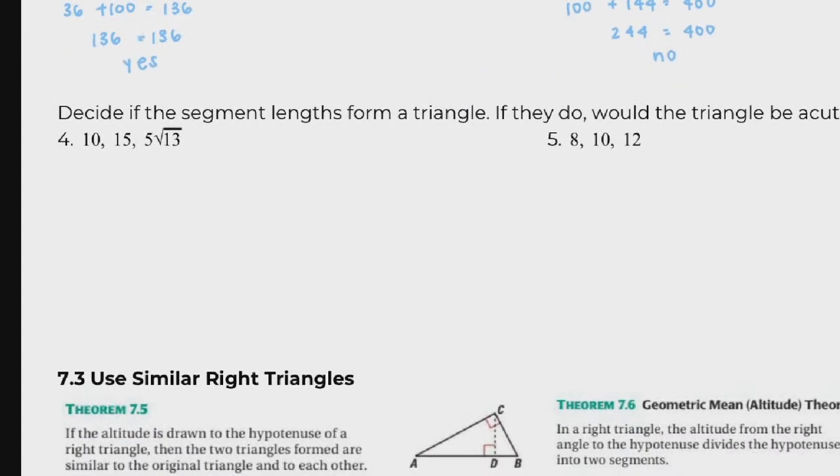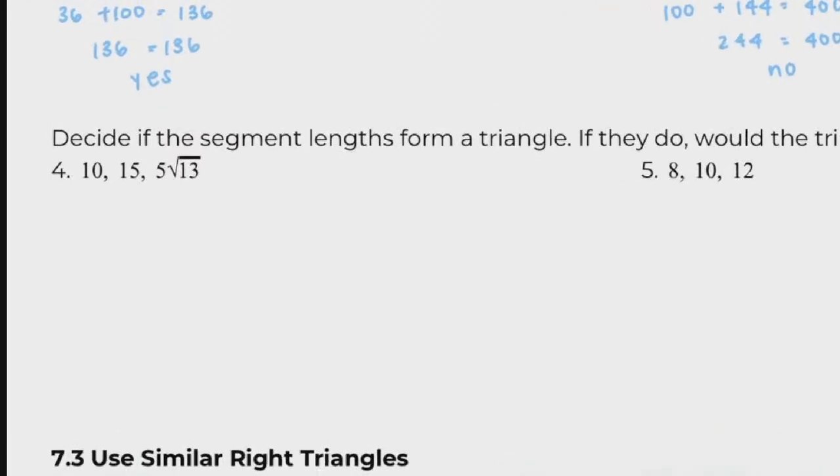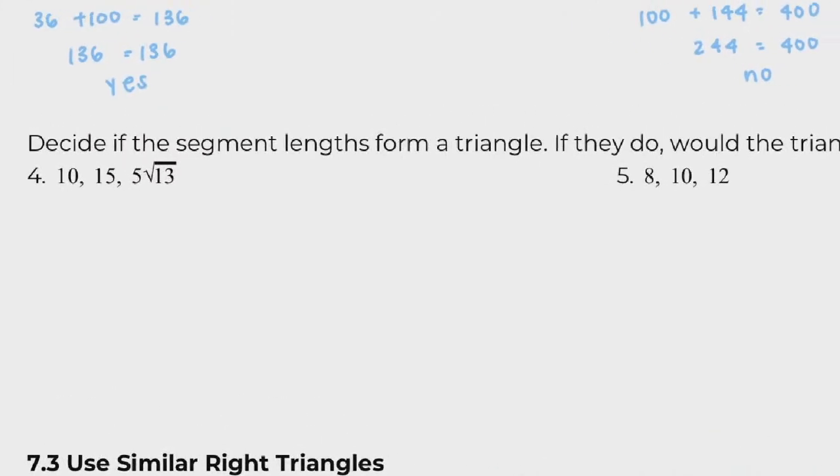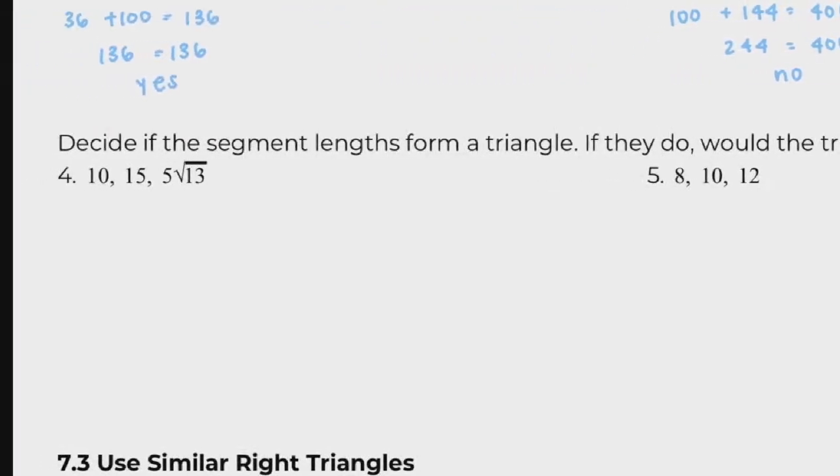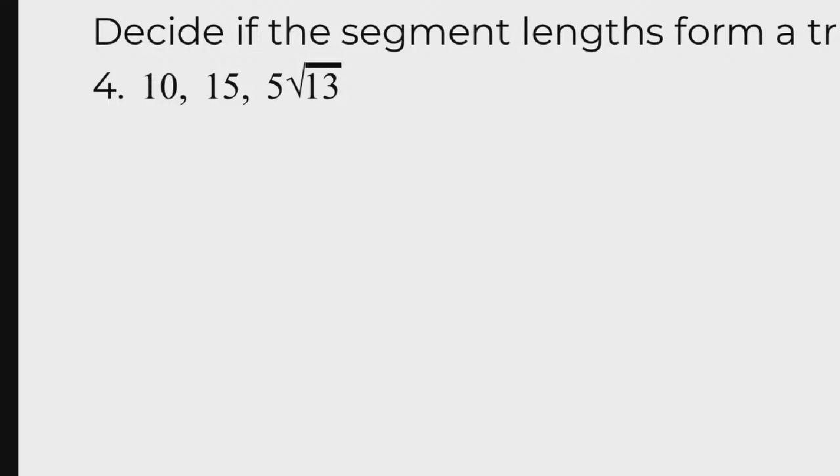Okay. In this last section, we want to decide if the segment lengths form a triangle, and if they do, would the triangle be acute, right, or obtuse? So we have to first decide if it's a triangle. That's using the triangle inequality.